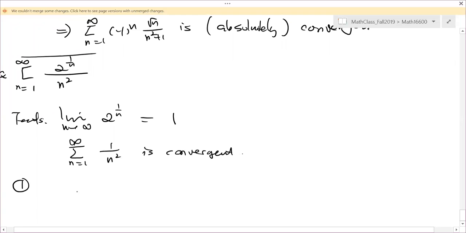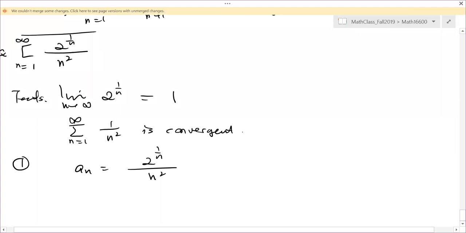The first method: I use a comparison test. I'm not going to use a limit. The limit of 2 to the 1 over n is going to be 1, so this number is getting smaller and smaller. Actually, this number is always less than or equal to 2. Do you agree? For any n? That's it. Then it's easy.